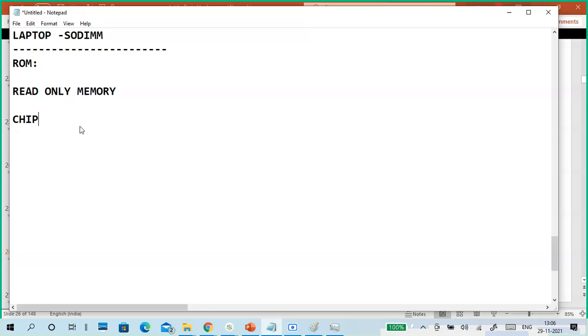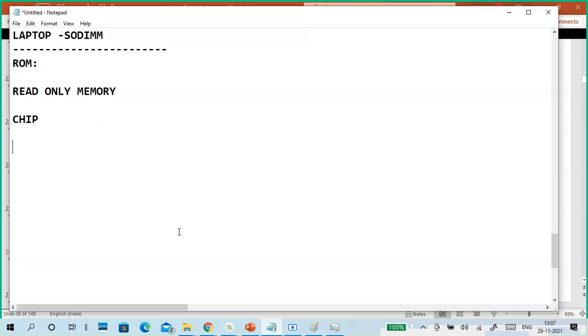Actually ROM is simply a chip. When manufacturers make a ROM chip, they build the instructions into the ROM. So it is a permanent chip.